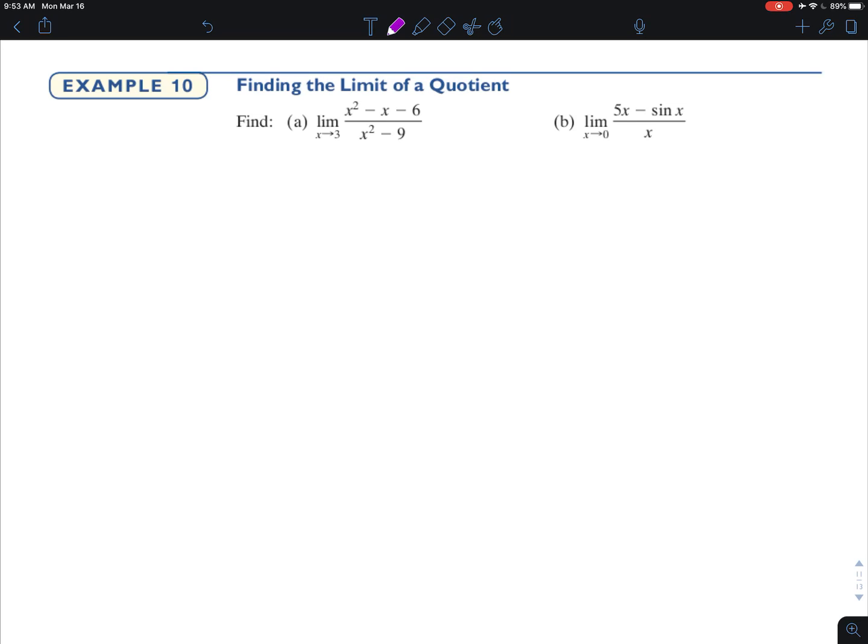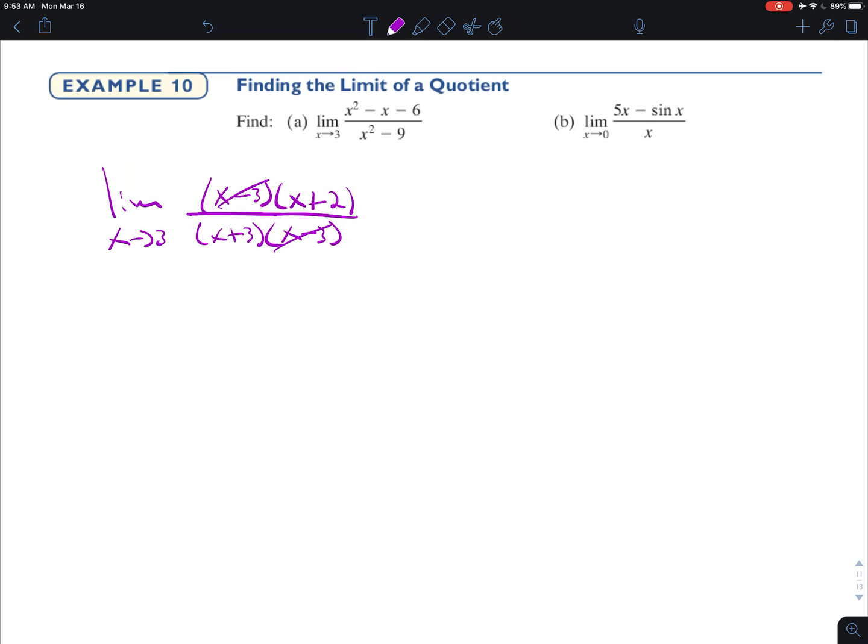But I've got a difference of two squares in the denominator, so the limit as x goes to 3 of x plus 3, x minus 3. Look for things that factor, different things you can try to clean up, for lack of a better term, your expression. And if I can factor this numerator, which is x minus 3 times x plus 2, all of a sudden I can get those guys to clear out.